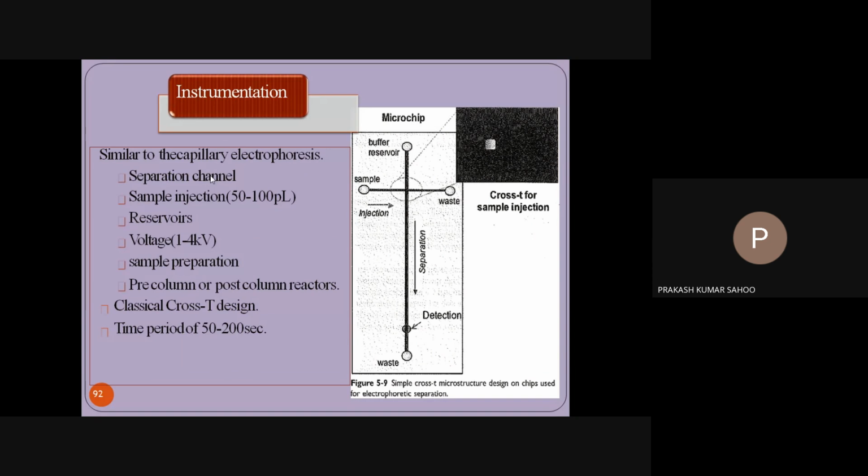This is the separation chamber. Sample injection is here, a reservoir is here, and voltage is supplied. Then sample preparation, pre-column and post-column. This is the classical cross-T design.